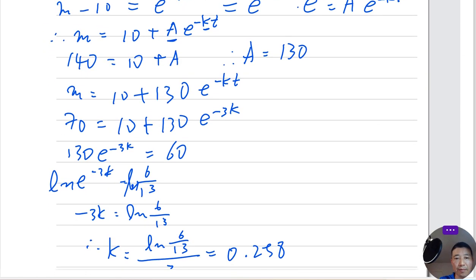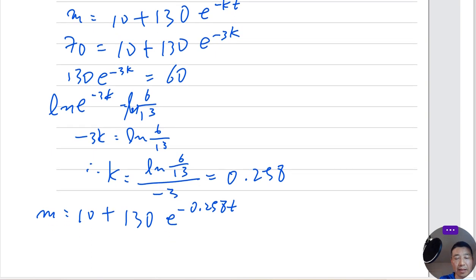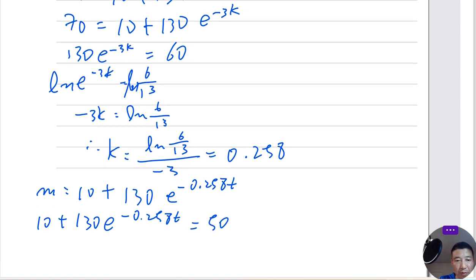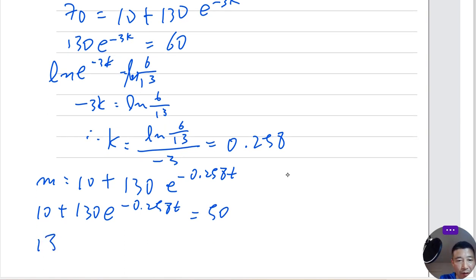So finally, when m is 50, we have to find the t, right? So to do that, we have to say 10 plus 130 e to the power of negative 0.258t equals 50. So that means 130 e to the power of negative 0.258t equals 40.